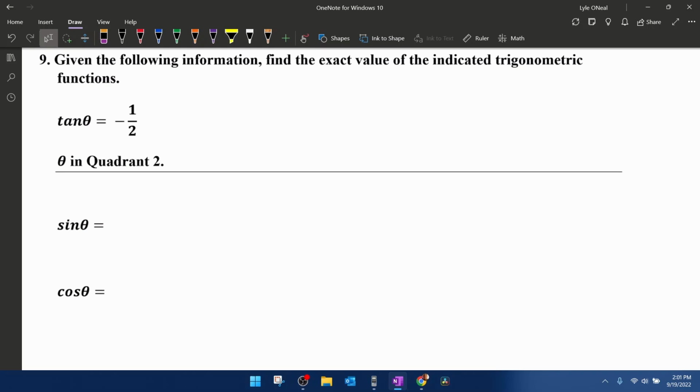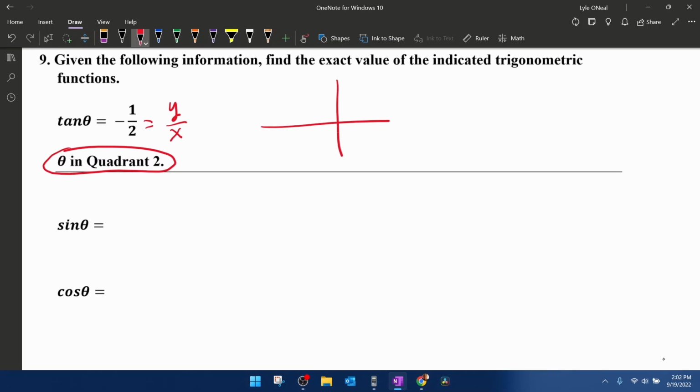Number 9, given the following information, find the exact value of the indicated trigonometric functions. Here they give us tangent is negative 1/2. We know that tangent is y over x. And they also give me that our angle is in quadrant 2.